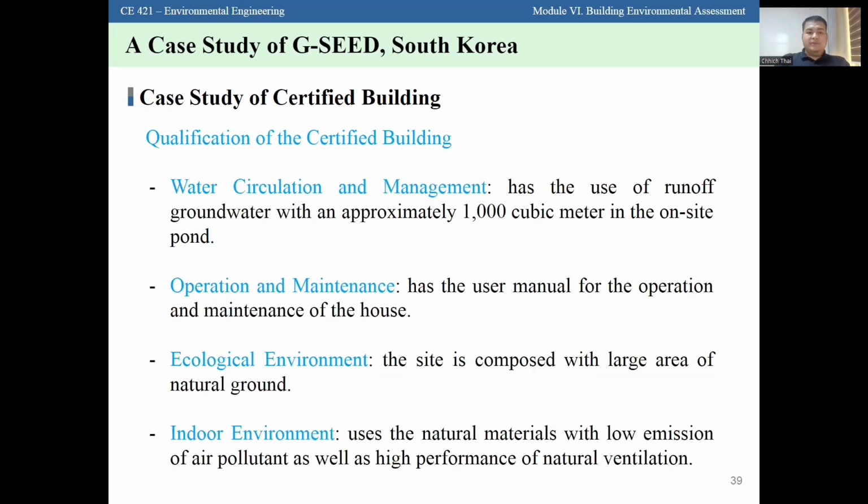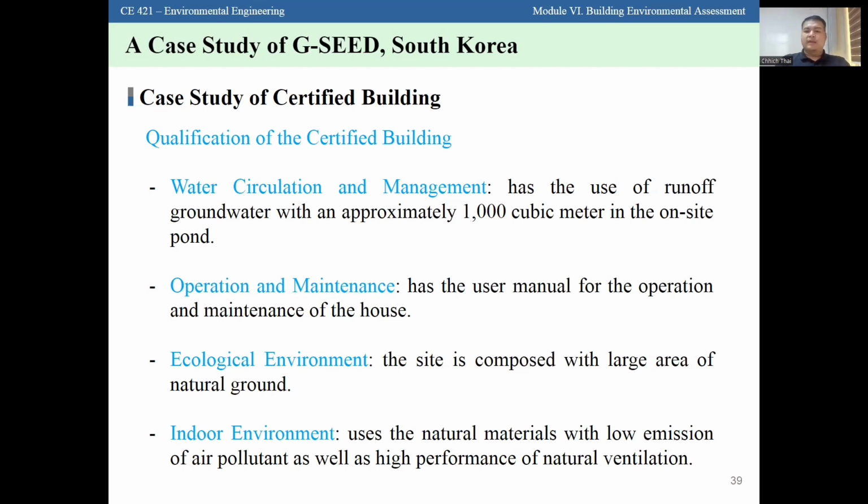And moving on to water circulation management, which uses runoff groundwater, approximately 1,000 cubic meters, in the on-site pond, as well as operation and maintenance. This traditional house has the usual manual for operation and maintenance, which can be used for easy repair and maintenance of the house, as well as the ecological environment.